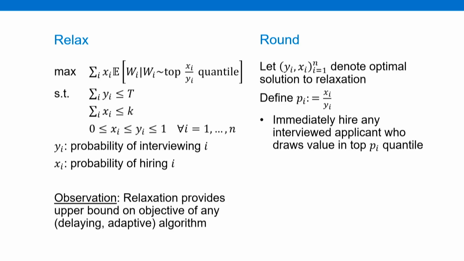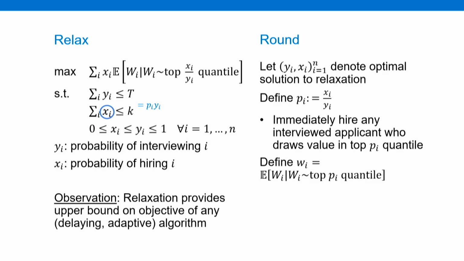Once I place this restriction on the algorithm, it essentially becomes like a sequential offering problem, because I'm going to probe you with probability yi, and when I do, pi percent of the time, out of my control, I'm going to hire you, because I've committed to hiring you with probability pi when I interview you. And this constraint just becomes the same as before now: xi is equal to pi yi by definition.